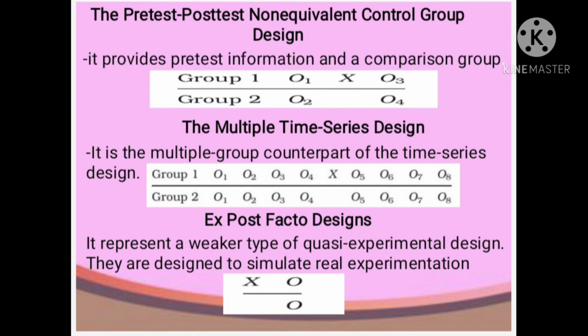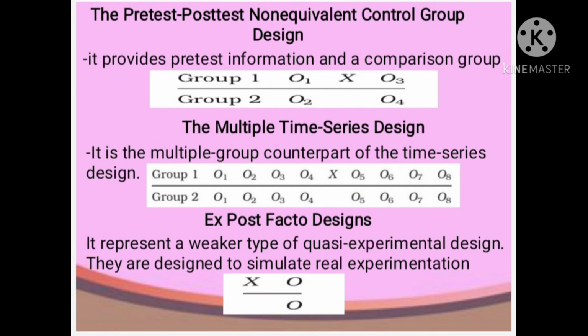Next, we have the pre-test post-test non-equivalent control group design. This multiple group design has some of the features of the static group comparison and the one-group pre-test post-test design. As can be seen from the following diagram, it provides pre-test information and a comparison group, but the groups are not fully matched or randomly assigned and thus cannot be assumed to be equivalent.